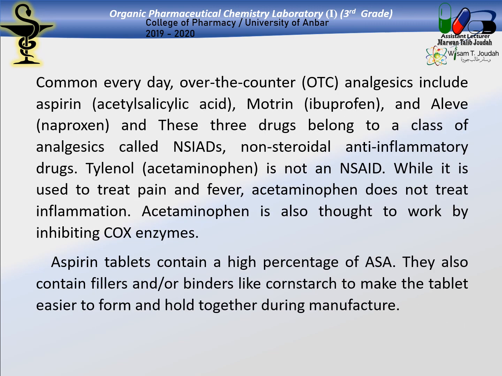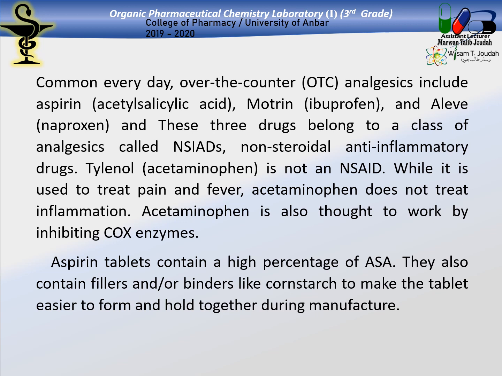Alright. So, common everyday over the counter medications, as they are called OTC. Sometimes you hear that this medication is OTC, which means over the counter. Analgesics include aspirin. Aspirin is part of the analgesic family.